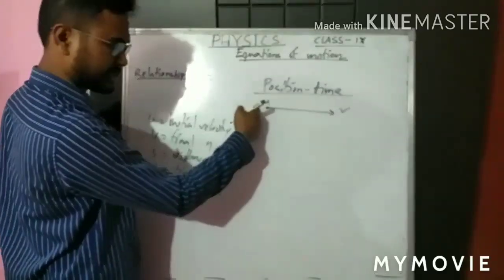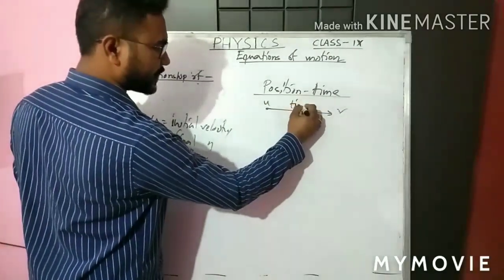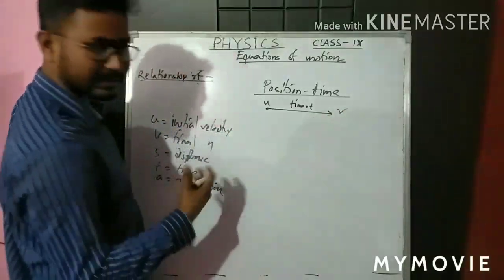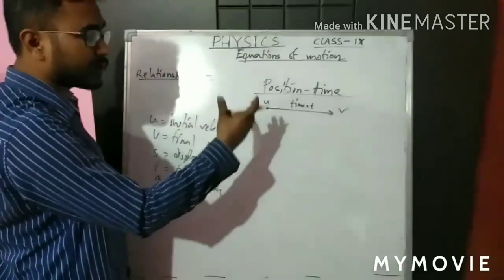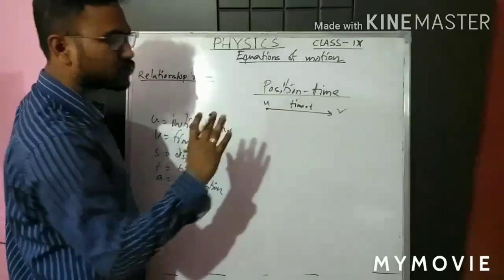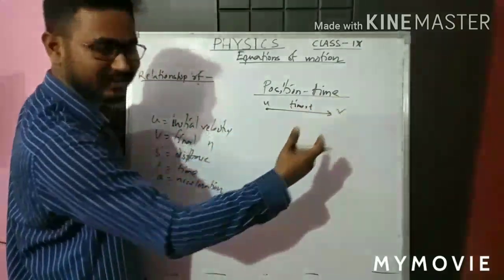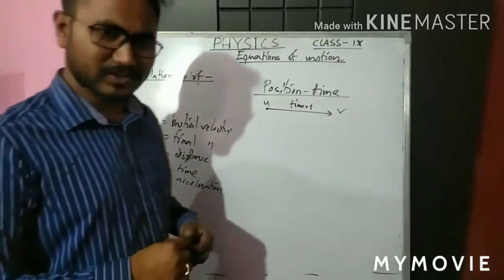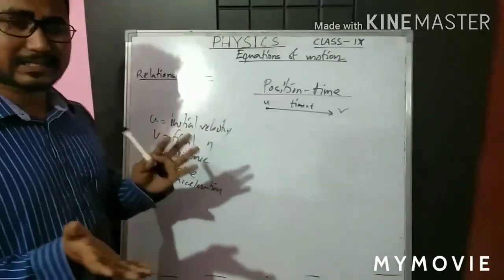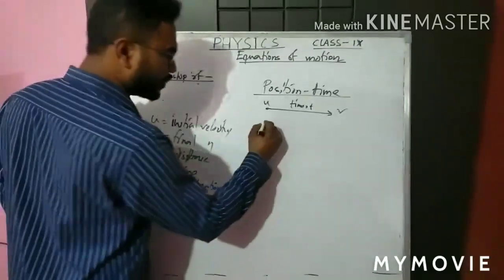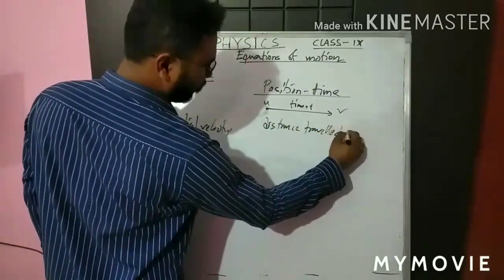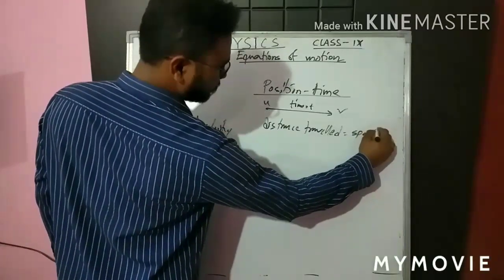First its velocity was u, that is initial velocity, and after time t, its velocity has increased up to v. So during this motion you can see the speed or velocity of this object is not fixed, as it is changing. We know one relationship we got previously while discussing speed and velocity: the distance travelled will always be equal to speed into time.